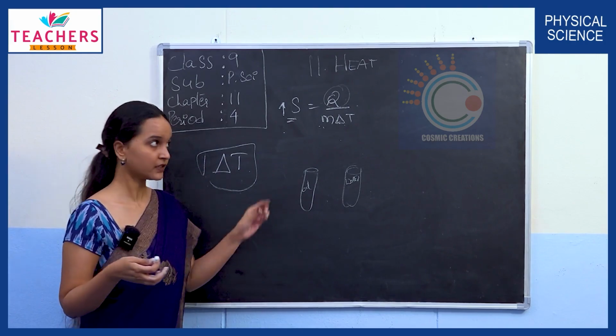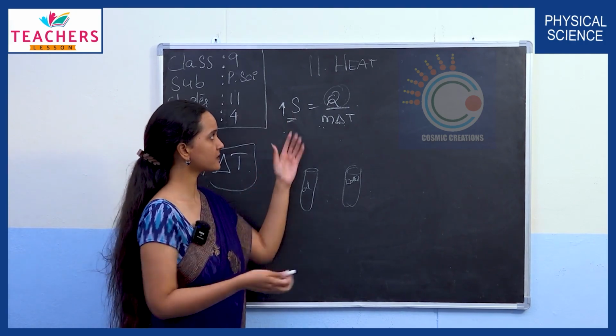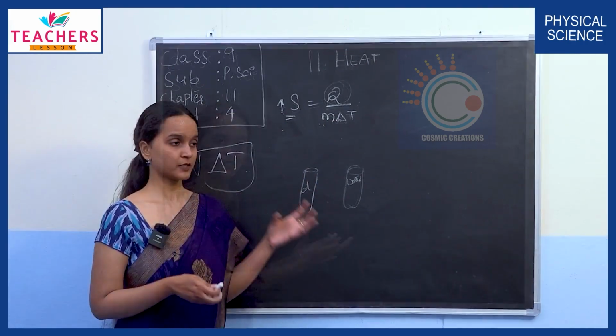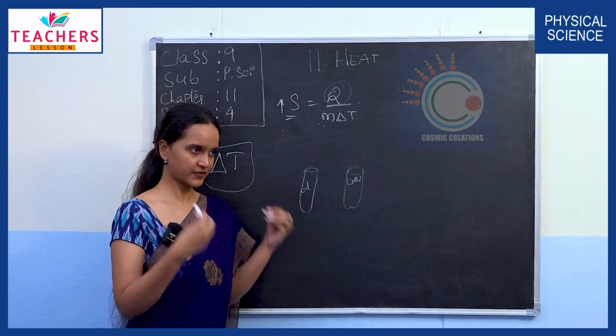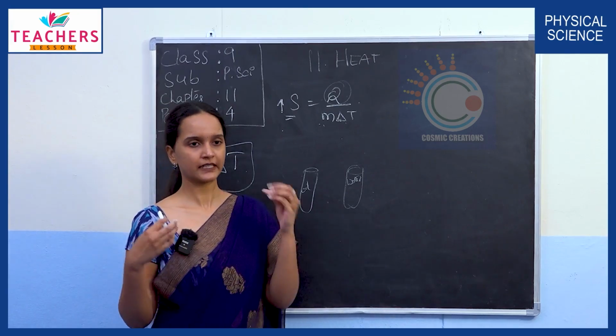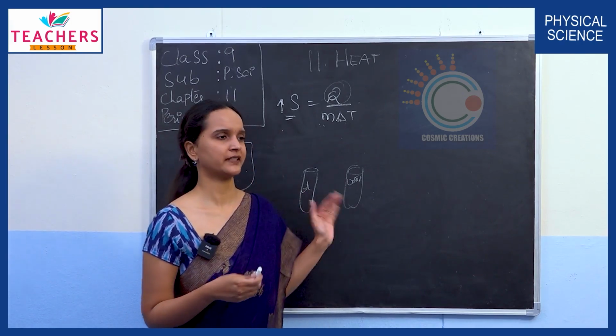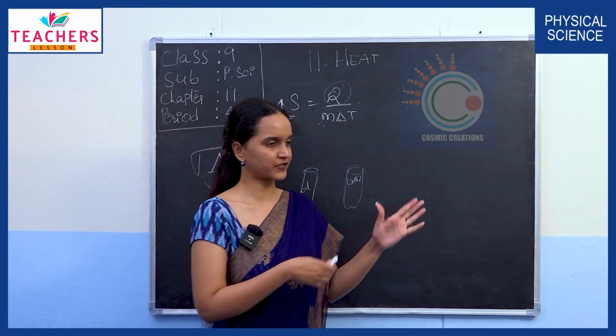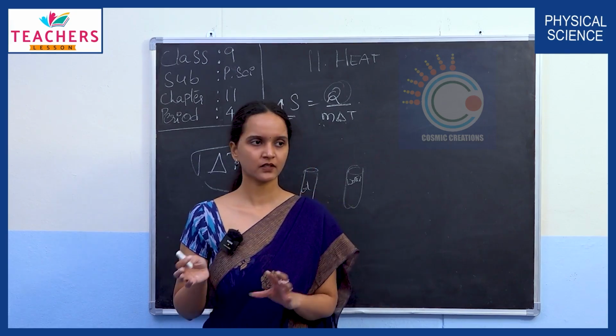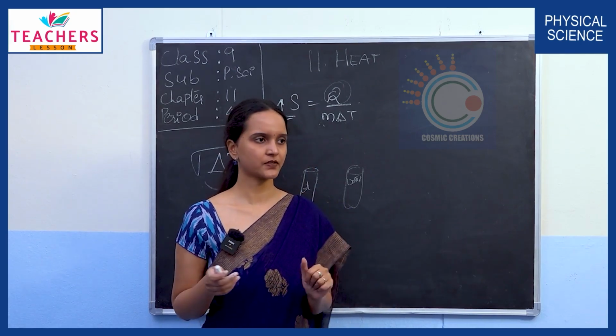Okay? Yes? Specific heat is high, means amount of energy required is high. So this point is clear, right? The specific heat capacity depends on the nature of the substance. That means few substances might have higher specific heat and few might have lower. So it is different for different substances.